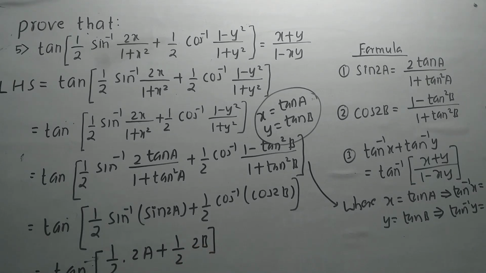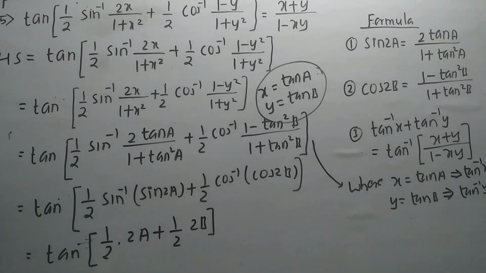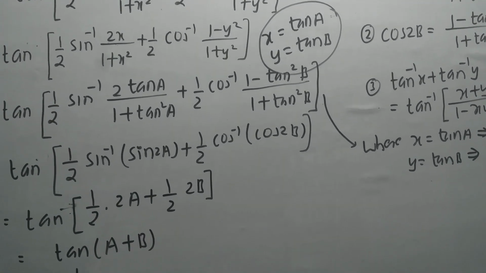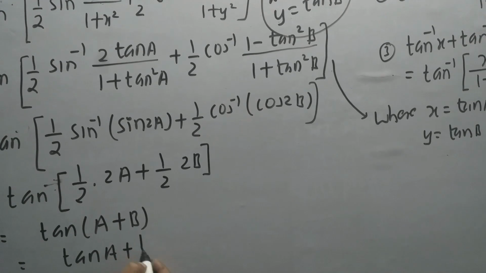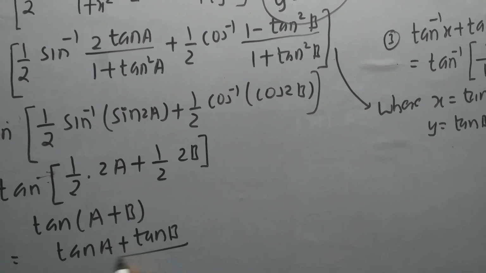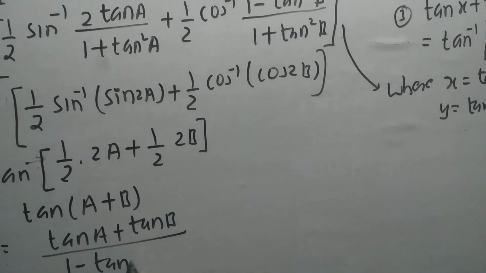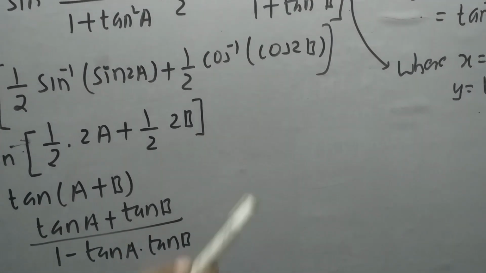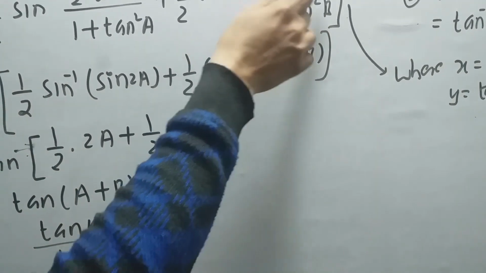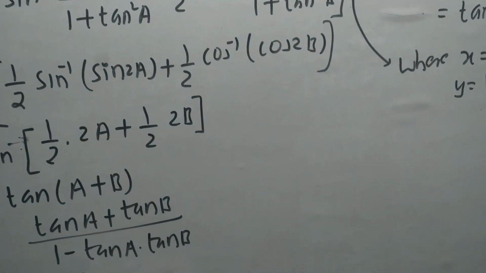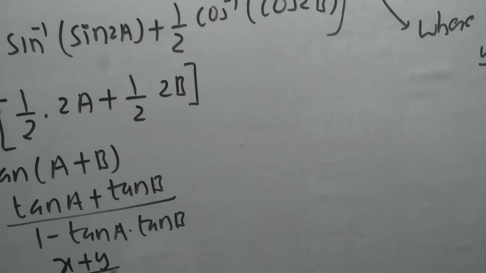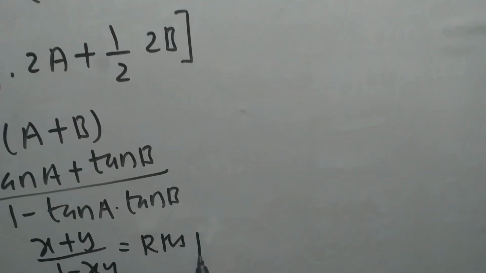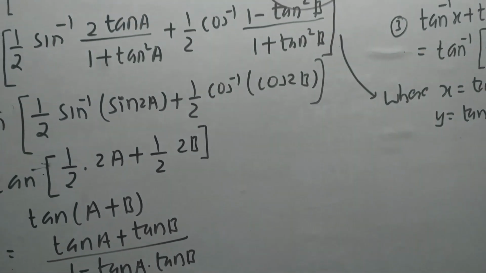After that, you can write tan a plus b, and expand it by the tan a plus b formula: tan a plus tan b whole divided by 1 minus tan a into tan b. In place of tan a you can write x, in place of tan b you can write y, so write x plus y divided by 1 minus xy. So this is our required right hand side proved.